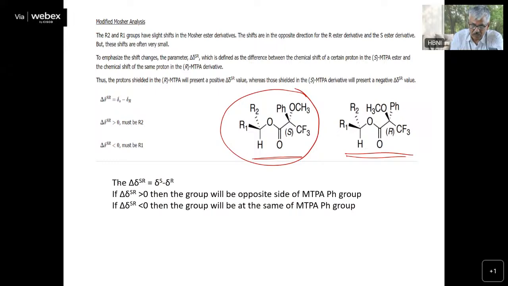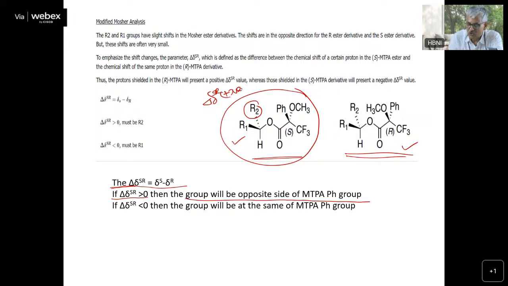Now this delta delta SR is the chemical shift difference between delta S, that means this ester, minus this ester, for a particular group of protons. Now, if delta delta SR is greater than 0, then the group will be on the opposite side of the MTPA. Let us say for this group delta delta SR is positive.